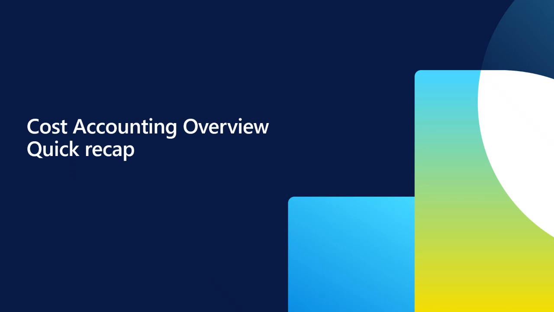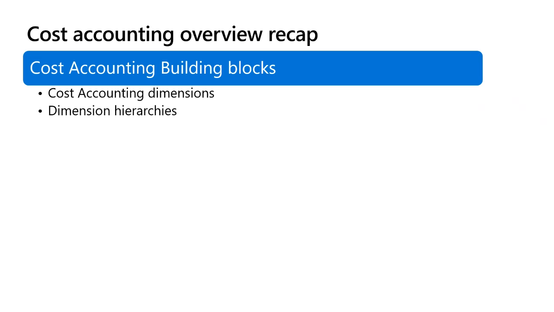With that, let's do a quick recap of what we have already covered in the first Tech Talk, which is the cost accounting overview. In the first session, we went through the setup and configuration of the cost accounting module and discussed crucial configurations, such as how we build cost accounting by setting up the cost accounting dimensions like cost elements, cost objects, and statistical dimensions, plus the dimension hierarchies.